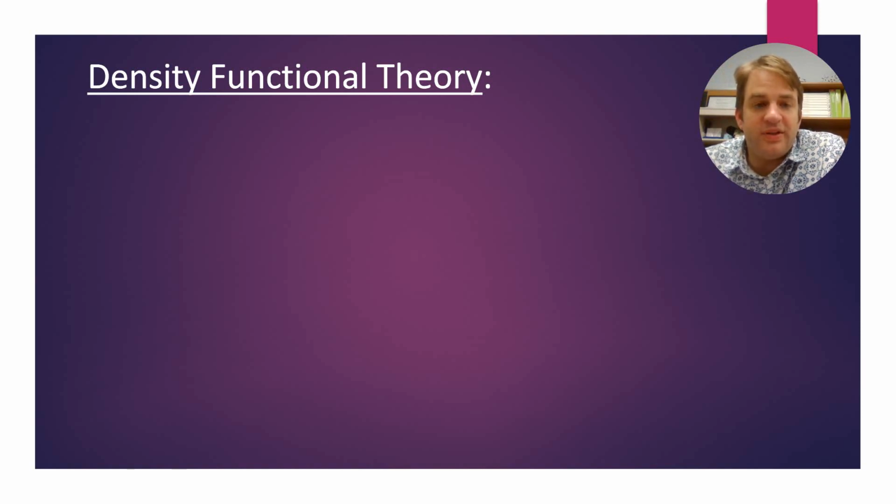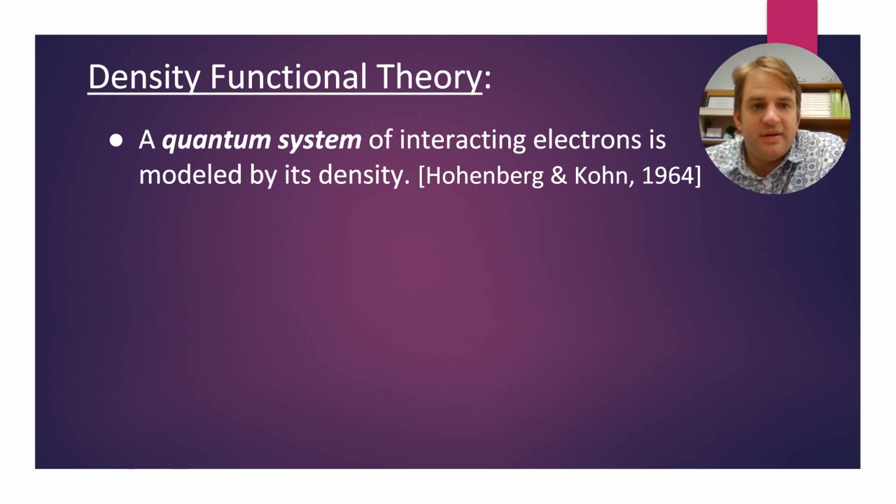As the most commonly used method for studying quantum systems, we begin with the idea that a quantum system is modeled by its density. We have a set of interacting electrons. These are all quantum mechanical particles.